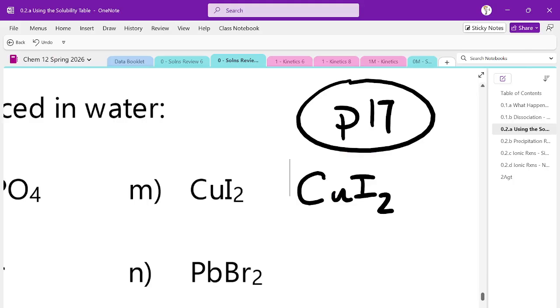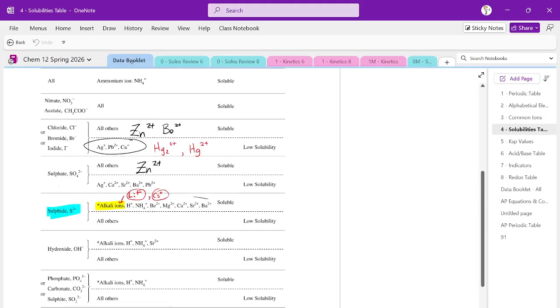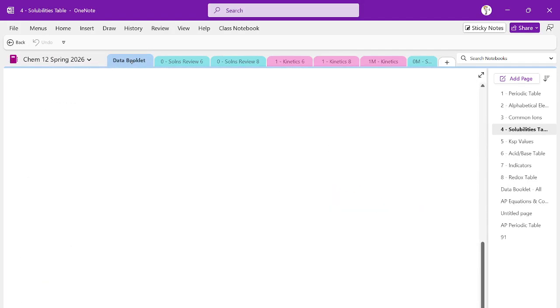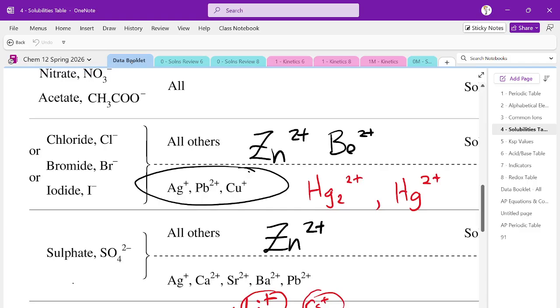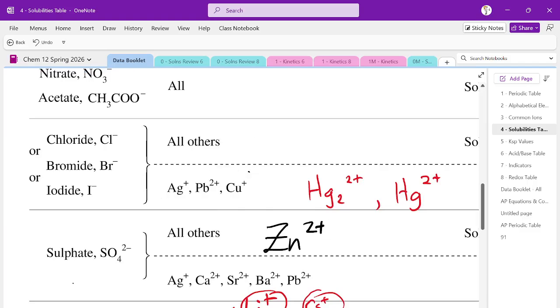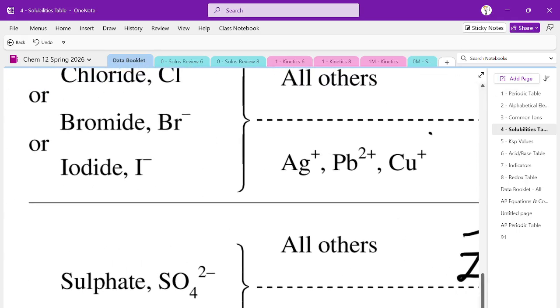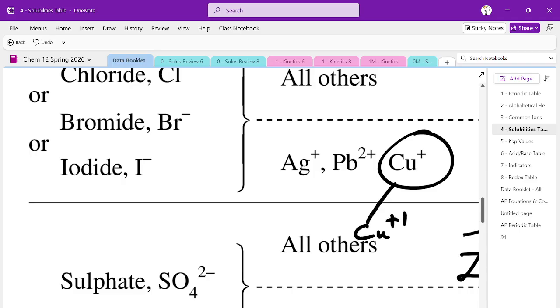Okay. So if we go to our data booklet and we look up iodide, there is a copper here, but this is copper 1. Whereas what we have in the question is CuI2.